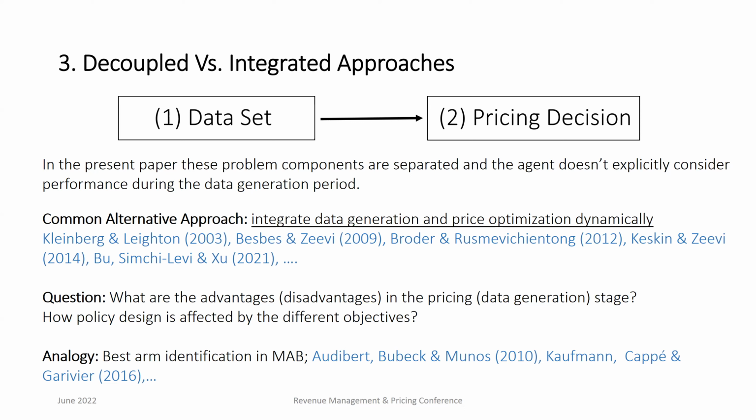And there is the literature on best arm identification that focuses on the question of getting a good approximation of the best arm. And questions like how policies are different and what is the advantage in different periods are actually questions that are followed up and considered in that literature stream.